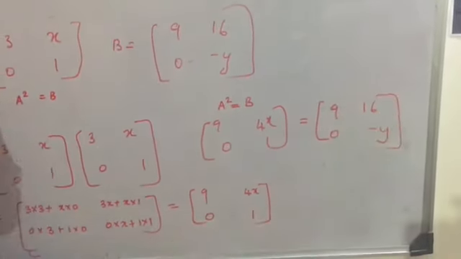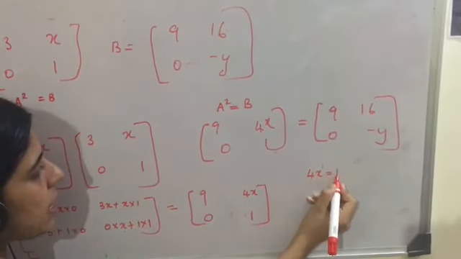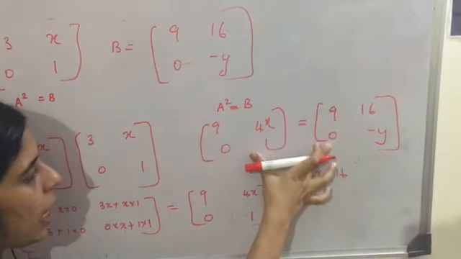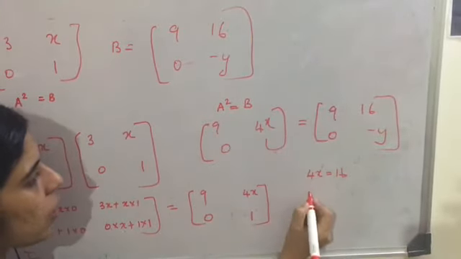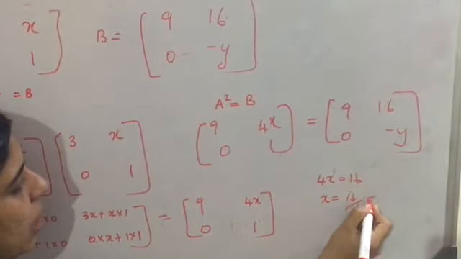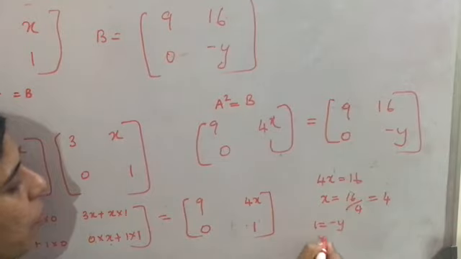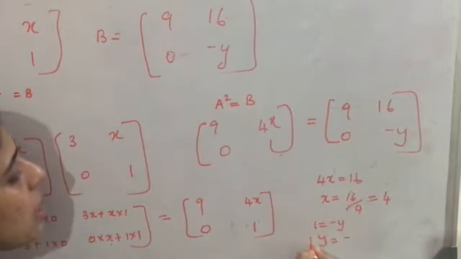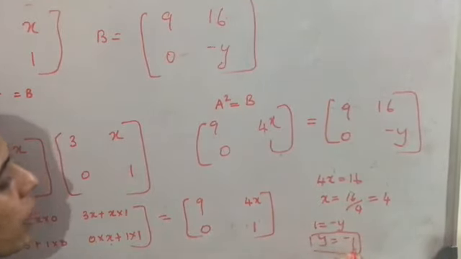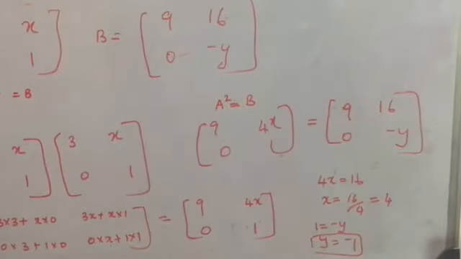So let us equate the terms now. 4x equals 16. So 4x is equal to 16, x is equal to 16 by 4, that is equal to 4. Okay, 1 is equal to -y, so y is equal to -1. So from this you get the value of x is equal to 4 and y is equal to -1.